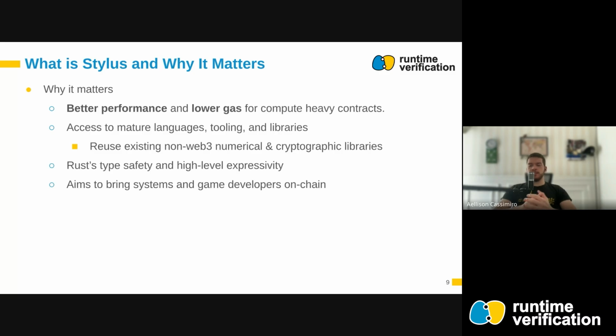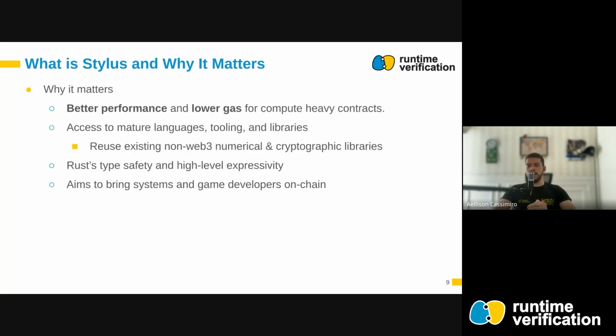Because of the Rust capabilities and the WASM features, you are open to better performance on smart contracts and lower gas fees for computation. You have at your availability the power of Rust safety, not only type safety but also memory safety, and the high level expressivity that you have for Rust smart contracts now.